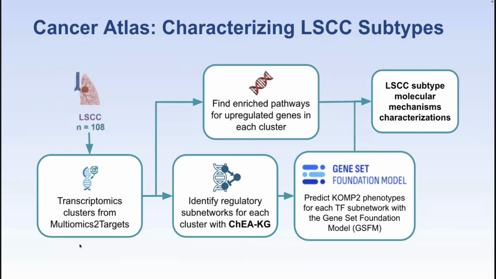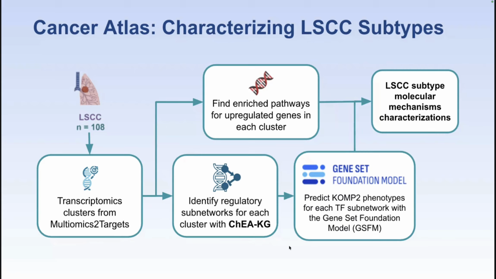And then for each subtype cluster, we submit the upregulated genes to Enricher to identify enriched pathways. At the same time, we submit those upregulated genes also to ChEA-KG to identify the enriched transcription factor subnetworks. And then to characterize the transcription factors in each subnetwork, we submit each of those transcription factors to a new tool that was developed by our lab called GSFM.